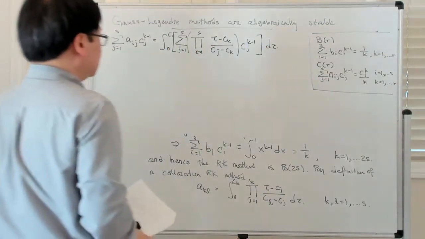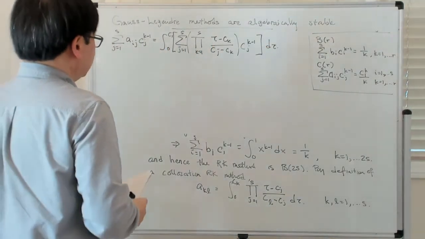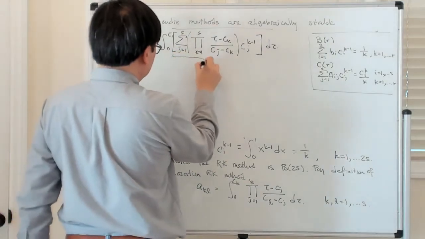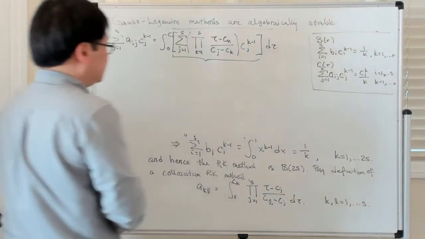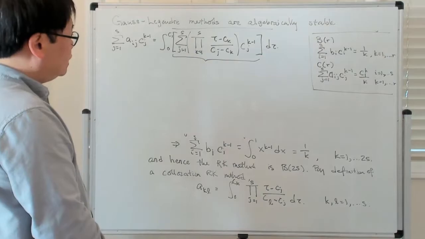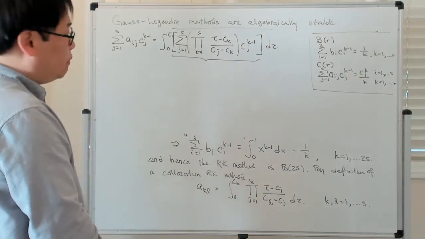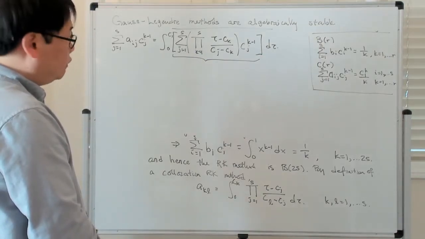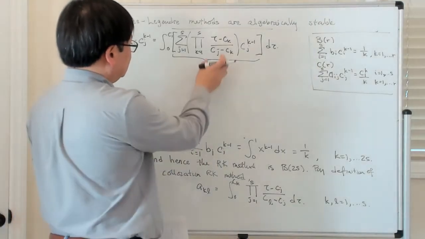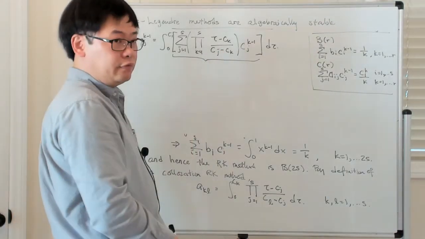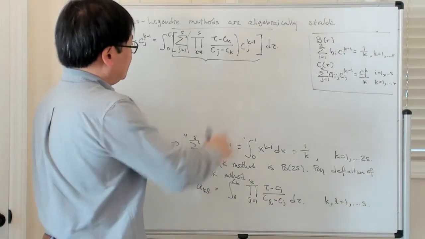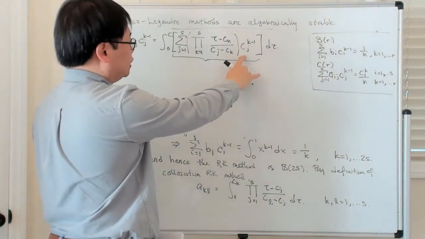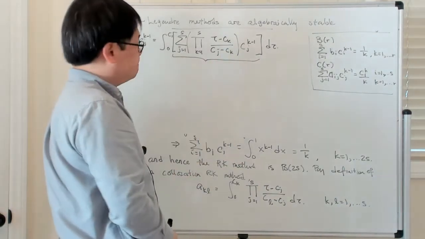So the observation is the following. If you look at this, this is of course what you would get if you were doing polynomial interpolation of a certain function. This is the Lagrange polynomial, if you recall, and this is the value of some function at the point Cj.